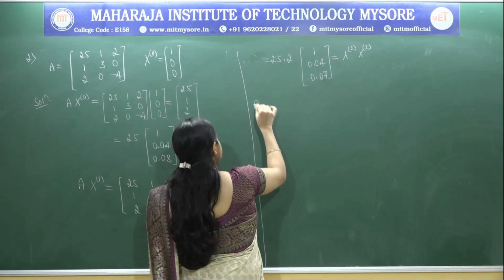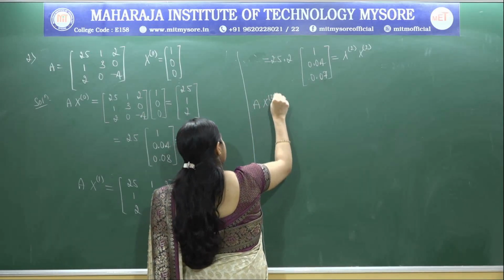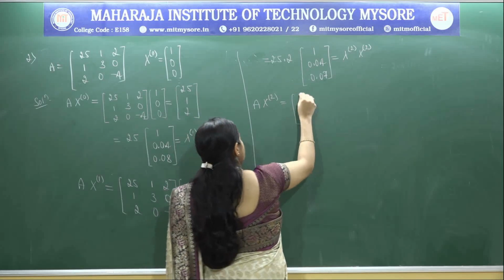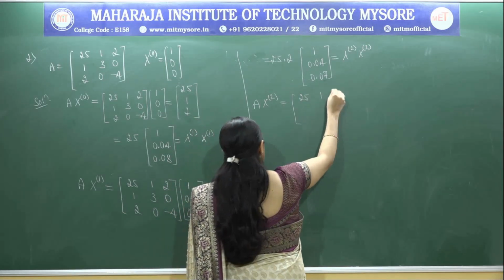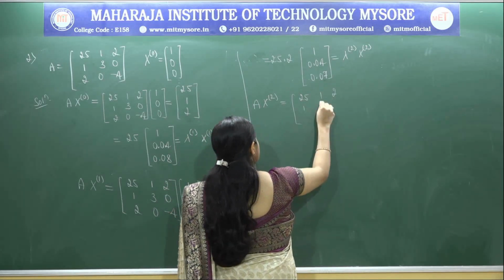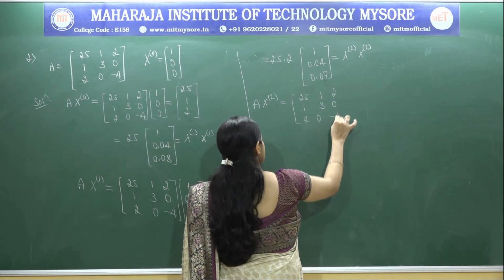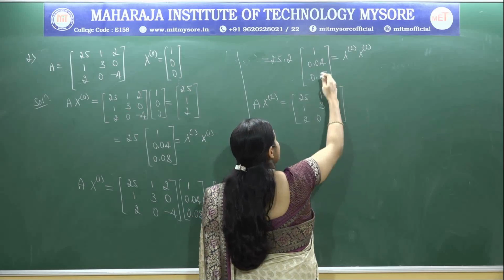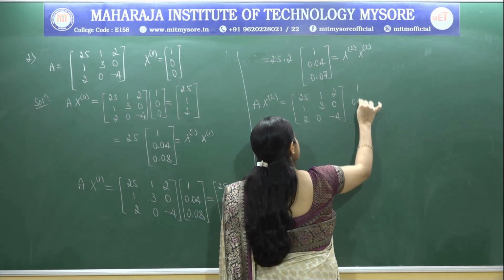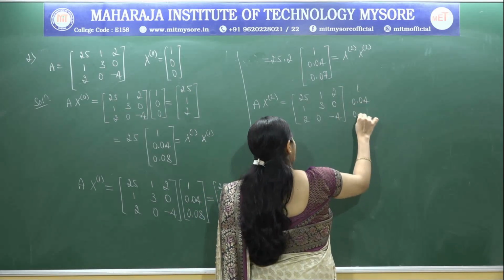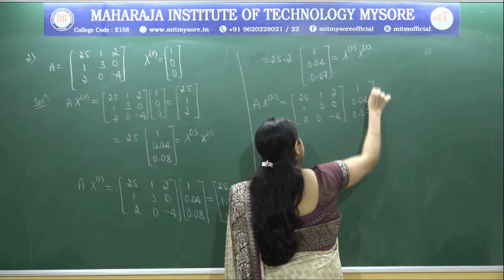Again you take the matrix multiplication A with x of 2, it is 25, 1 and 2, 1, 3, 0, 2, 0, minus 4 with this matrix 1, 0.04 and 0.07.